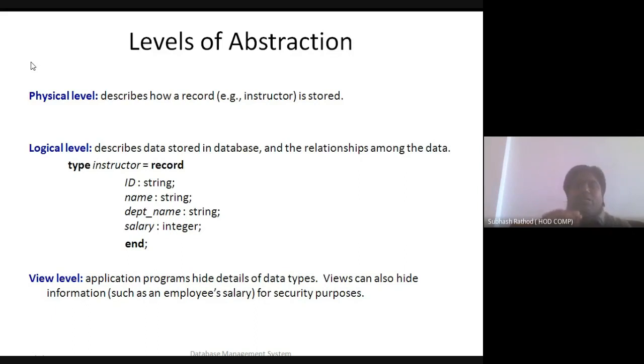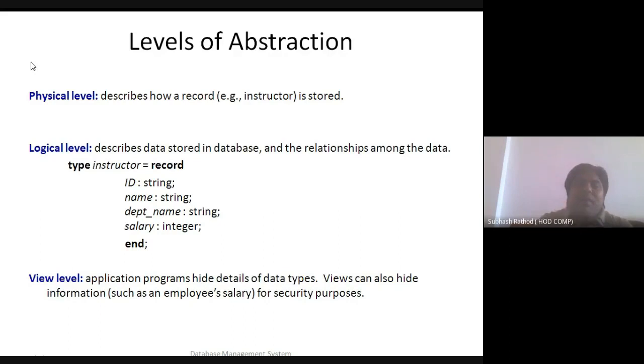So we are achieving the abstraction because we have a certain purpose. The purpose is the security concern. Secondly, only a legitimate user can access particular data; an authentic user can access the data.